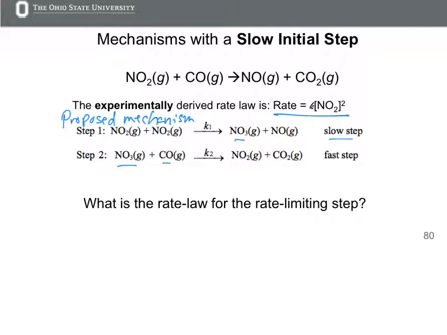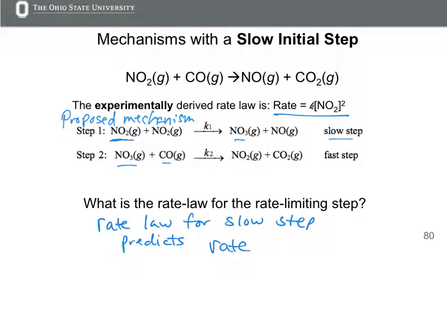So the rate law for the slow step predicts the rate. Now I'm just looking at this step 1, rate equals k times NO2 times NO2, or NO2 squared. Okay.